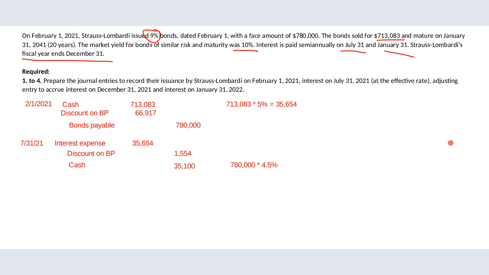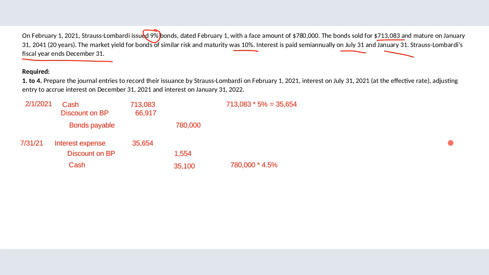The difference means the carrying value changes. If you're confused by this, you're welcome to use the table that we just worked on for Myriad, change numbers around, and apply it to this problem as well. I'm just doing a quick and dirty calculation here.